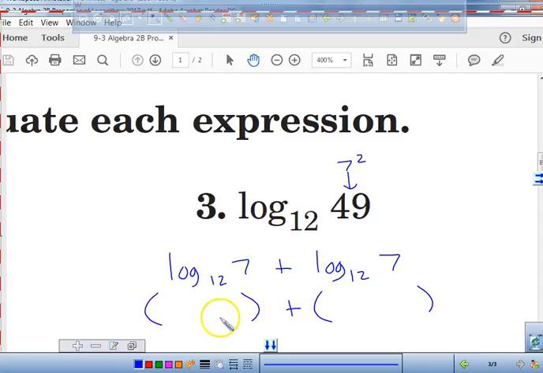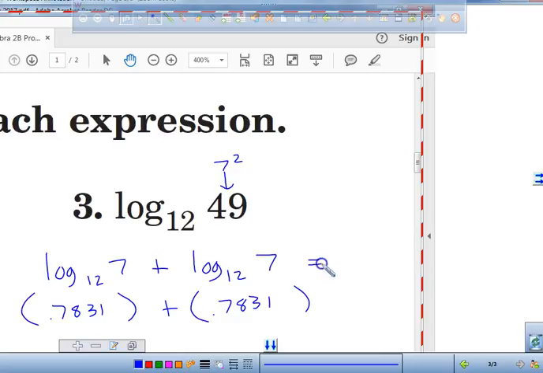We do. It's what? 0.7831. By the way, how many of these do you see? So you know what? If you wanted to, you could also simplify it to 2 log base 12 of 7. That's another way of looking at it.